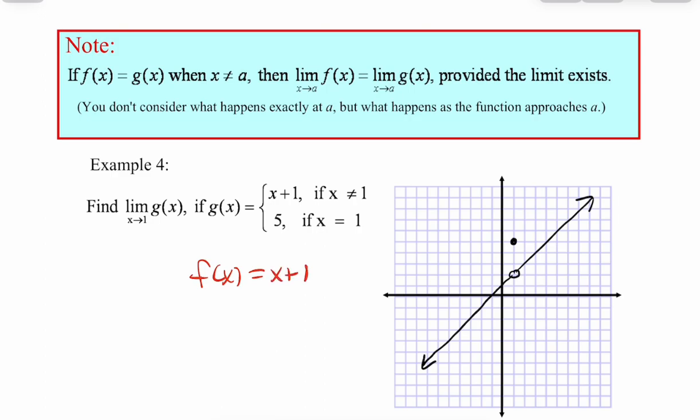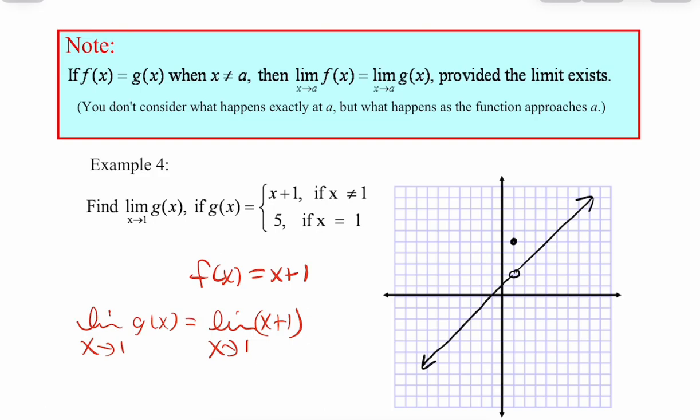Except at the point 1. At the point 1, there's a little hole, and we've colored in the wrong spot. So what this says is just follow x plus 1. So we know that the limit as x approaches 1 of g of x is the same as the limit as x approaches 1 of x plus 1. They're going to be the same thing.